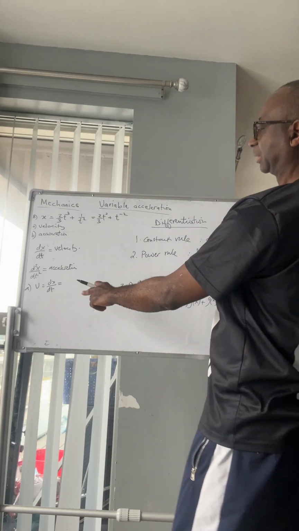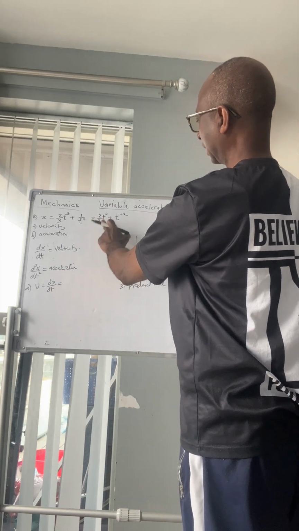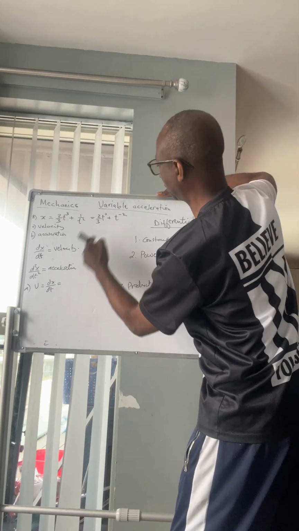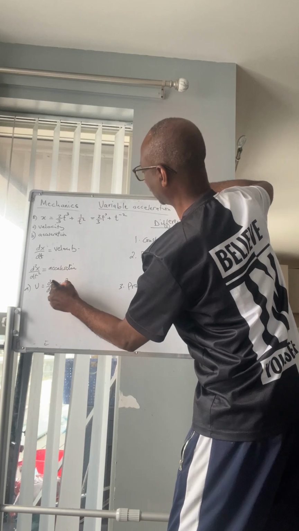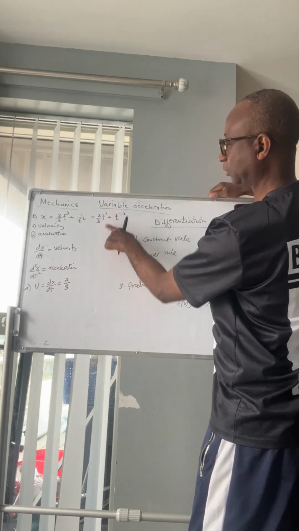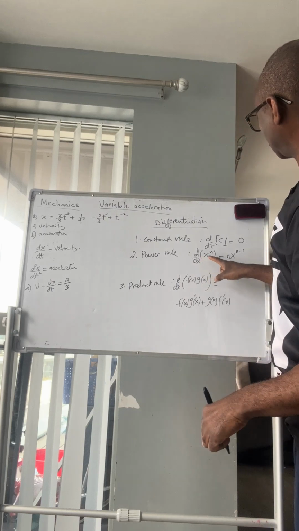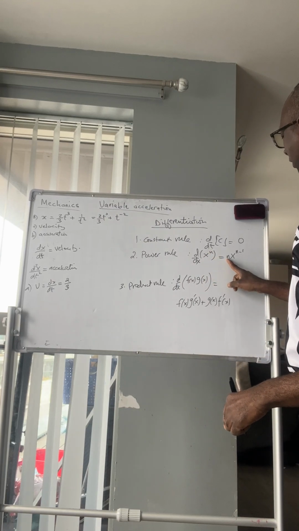So now velocity here, you have to differentiate the displacement. So you have 2 all over 3, which is a constant. 2 all over 3, we leave it there. Now we are differentiating with respect to t, and t has got a power of 3. And what do we say? First the power, we write the power, 3.